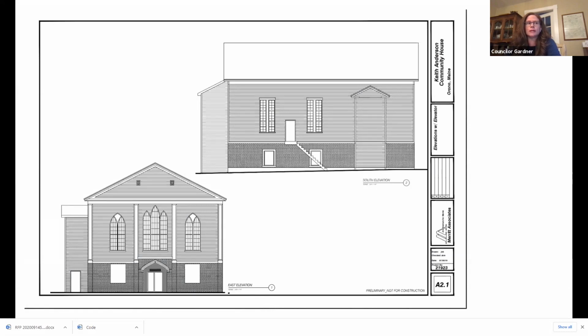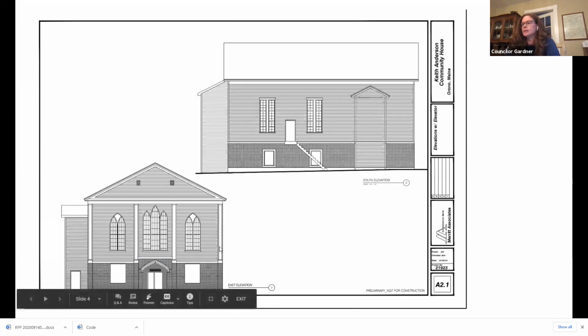All of that was added in 1867. So they took the building and they put it up on stilts. I think they moved it back from the road a little bit as well. And then they built this second story, but on the ground floor, they put a vestry on ground level. And can you advance it again?